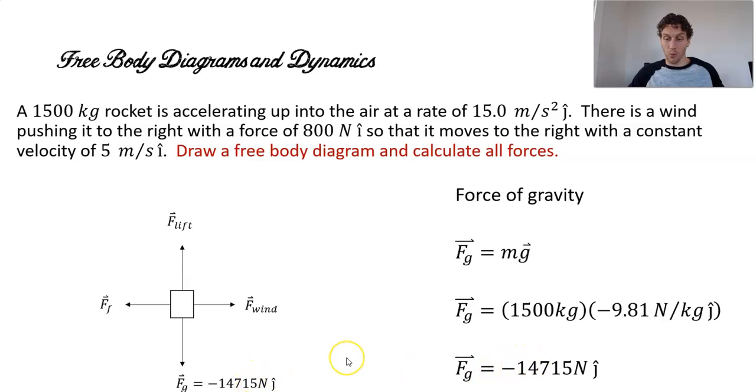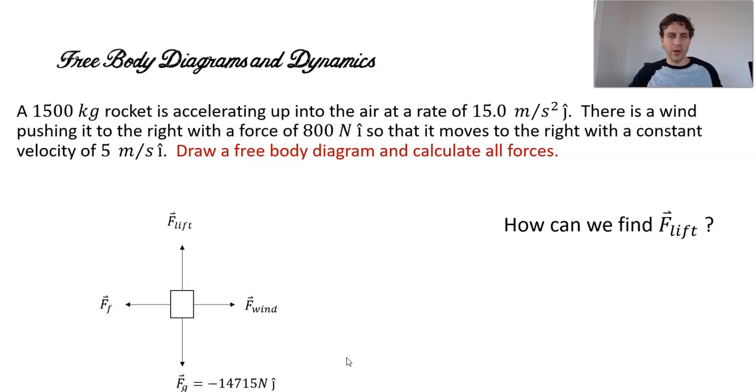So that's one done. How can we find F lift? It doesn't tell us the lift force that the rocket is giving, but it does tell us something else. It tells us that it is accelerating upwards. Okay, it's accelerating in the vertical plane, and this is positive, so it's accelerating upwards.